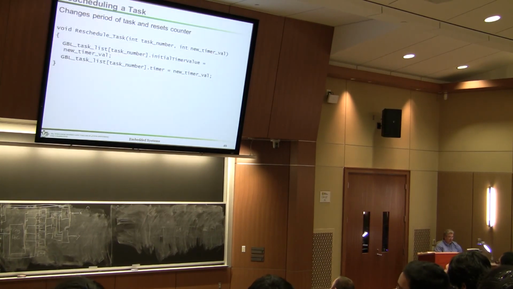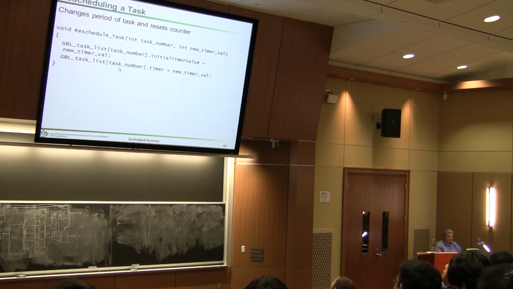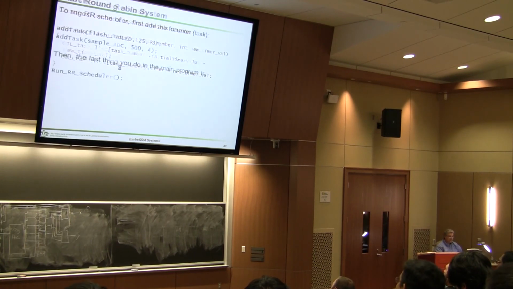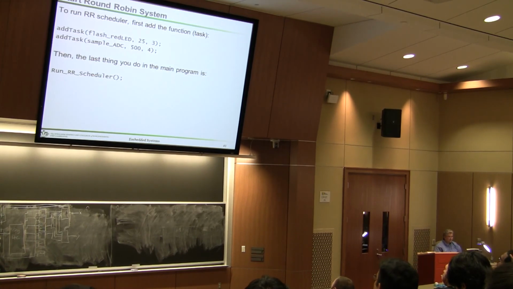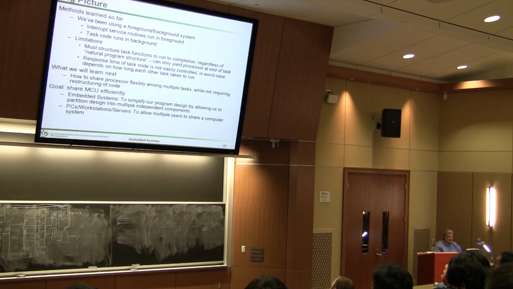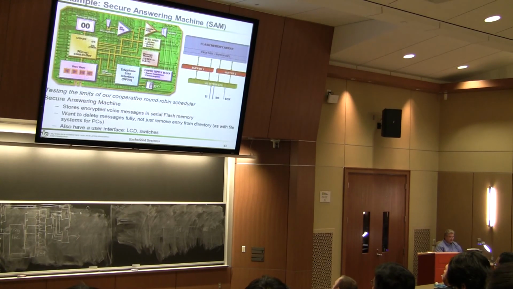You could also do some changing of it. In other words, identify how much time it will take. Change the time on that. And then to start my scheduler, we're just going to run the round robin scheduler. See, is that it?